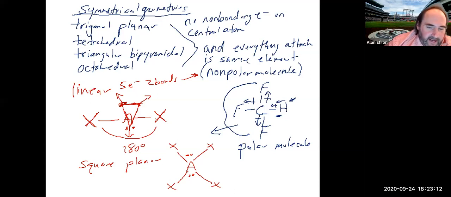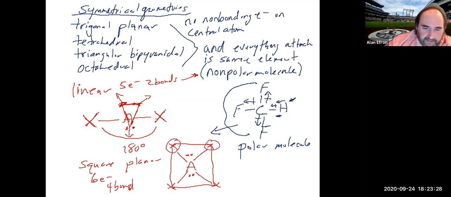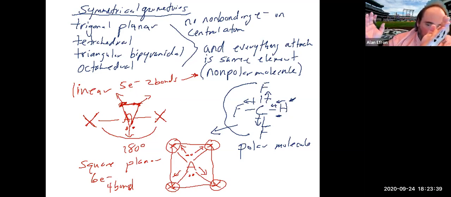And basically what we got there is 6 electron pairs, 4 bonds. And it is pretty much going to be nonpolar in this situation because it makes a square, which means if all these guys are exactly the same and they're all pulling equal and opposite of each other, they are going to cancel each other out. And we even have 2 non-bonding electron pairs, which will also go kind of equal and opposite of each other as well.